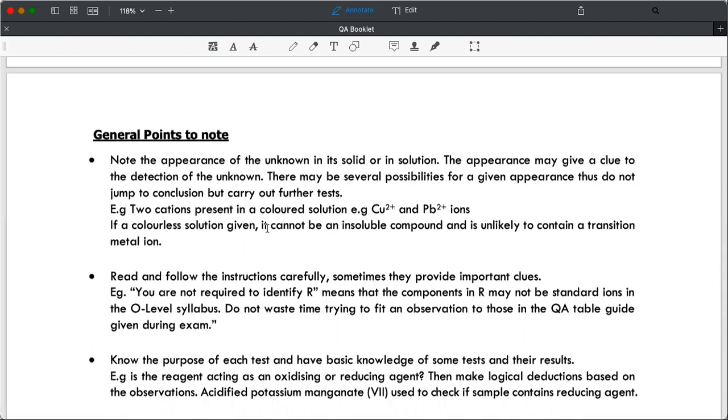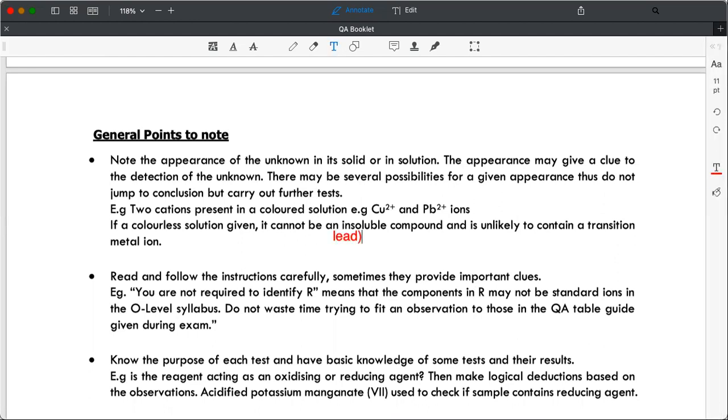So if a colorless solution is given, it cannot be an insoluble compound. So immediately, if you see a colorless solution, let me tell you, it can't be lead-2 ion.